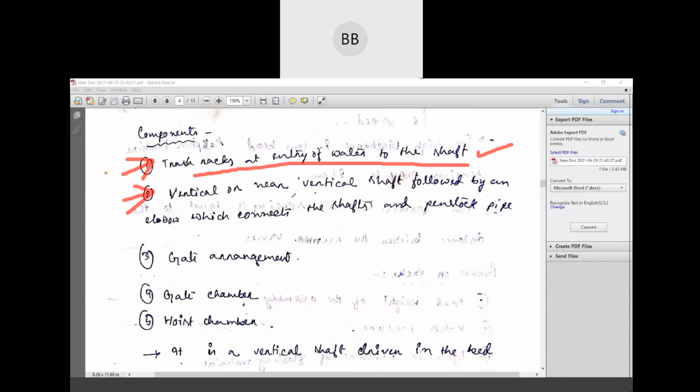Second, you write a vertical or near vertical shaft followed by an elbow. You have seen in the diagram it's like this. It's like an elbow which connects the shaft and the penstock pipe.